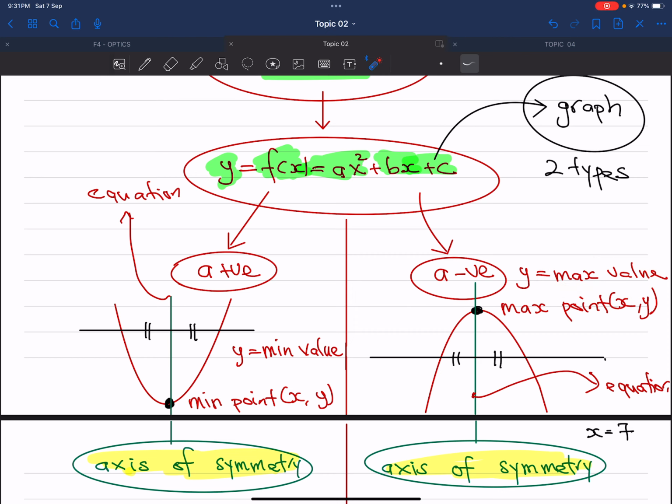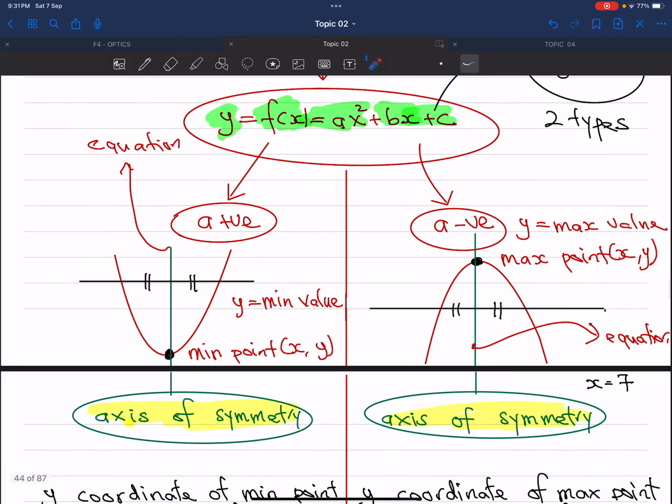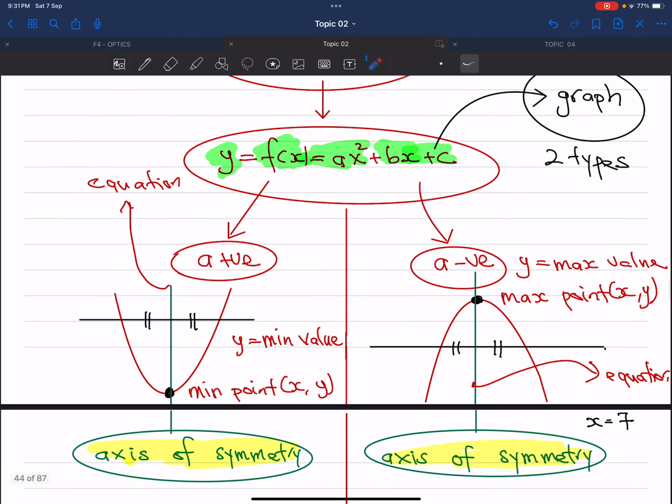So the y coordinate is the same as the minimum value for the minimum point, and the maximum value for the maximum point. So we have established the meaning of the y coordinate for the minimum point and maximum point: it shows the minimum value and maximum value.